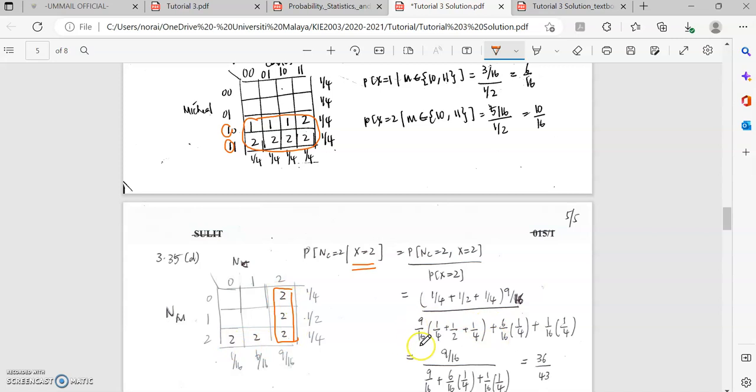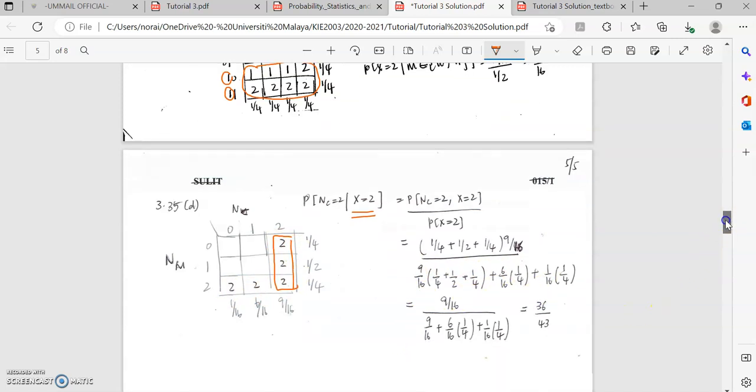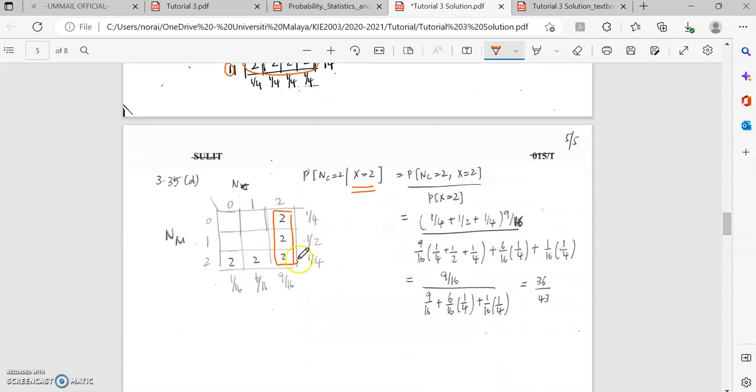So this is 1 over 4 times 9 over 16, 1 over 2 times 9 over 16, plus 1 over 4 times 9 over 16, plus 2 times 1 over 4 times 6 over 16, and 1 over 4 times 1 over 16. Solving this gives me 36 over 43.